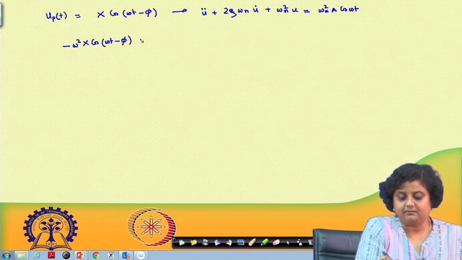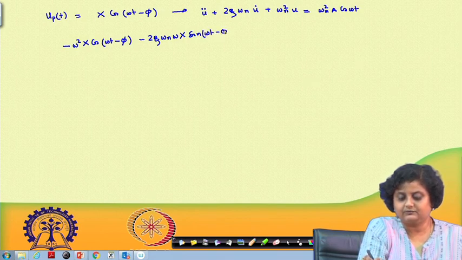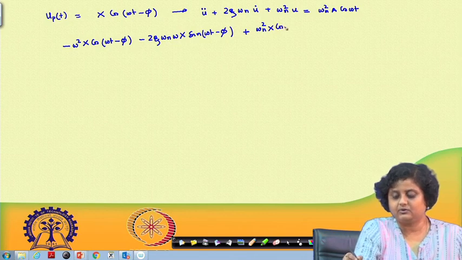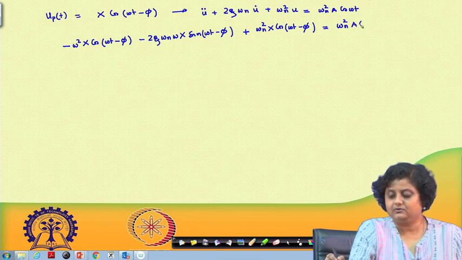Then I have −2ζω_n ω X sin(ωt − φ), and then I have ω_n² X cos(ωt − φ), and that is equal to ω_n² A cos ωt.